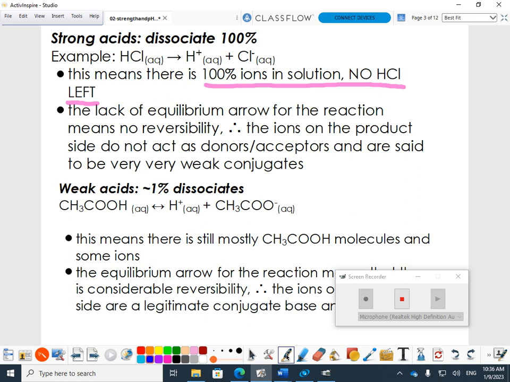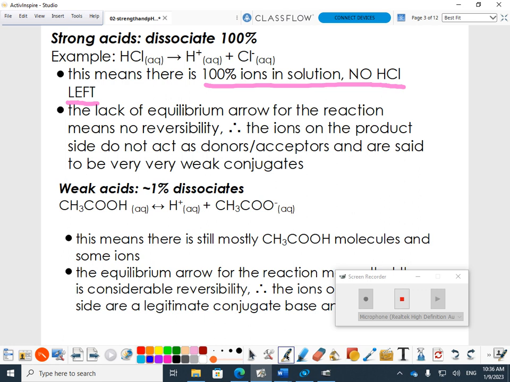But really, we shouldn't do that, because the chloride ion does not act as a base. It is a very, very weak conjugate. Later on, when we do titration, we're going to say that it is not a legitimate conjugate base; it does not accept a proton. So there is no reversibility.